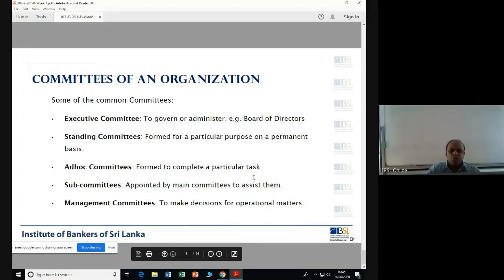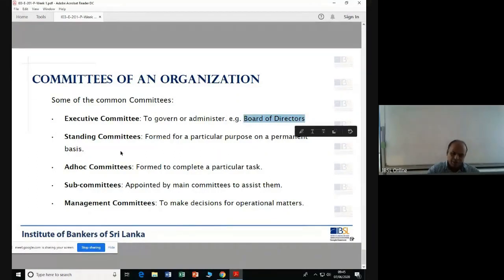As you know, in your respective organization there might be many committees operating, looking at various aspects of your organization. Some of the common committees that you might come across in your organizations are, number one, the executive committee. Very important, the executive committee. What do they do? They govern or administer. For example, the board of directors.